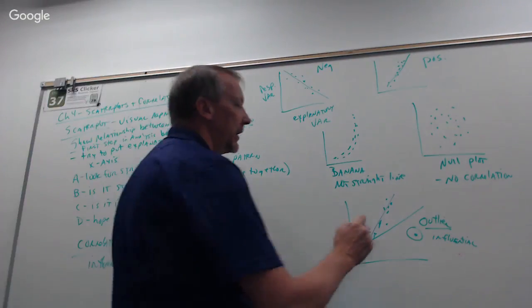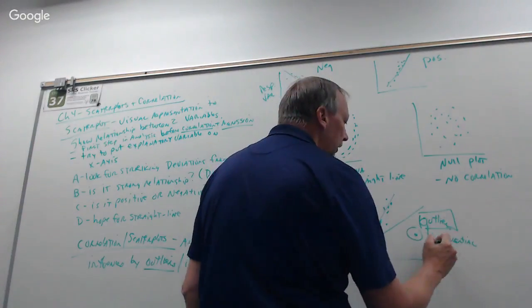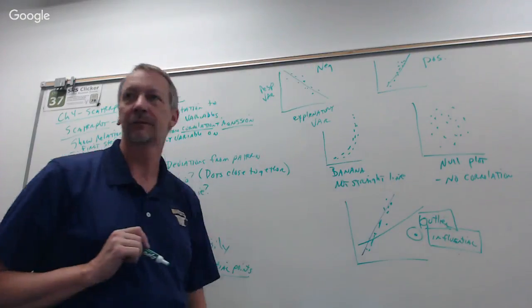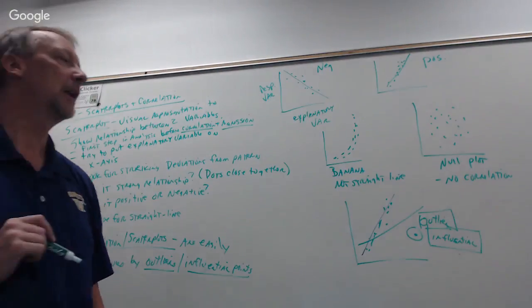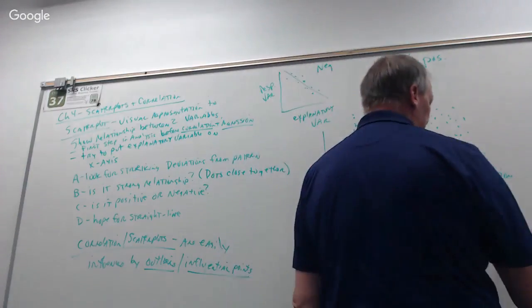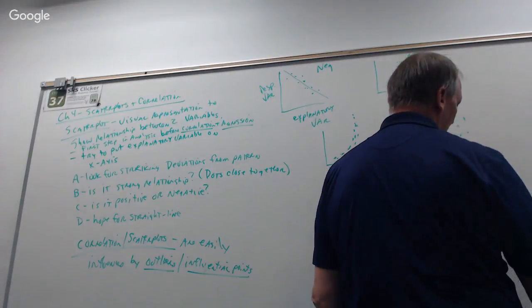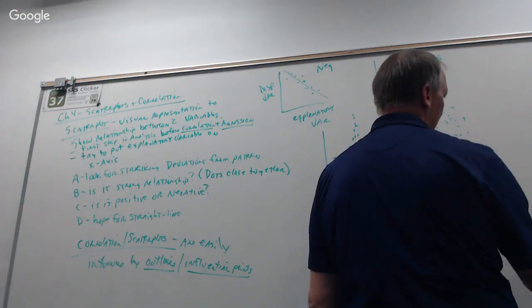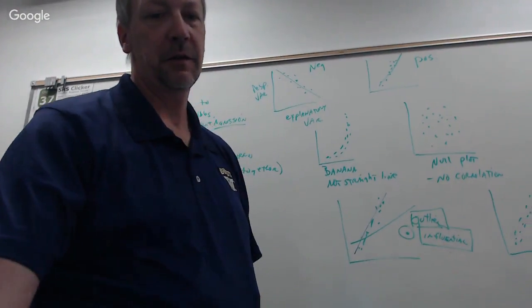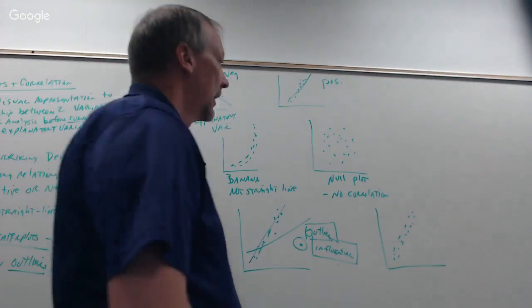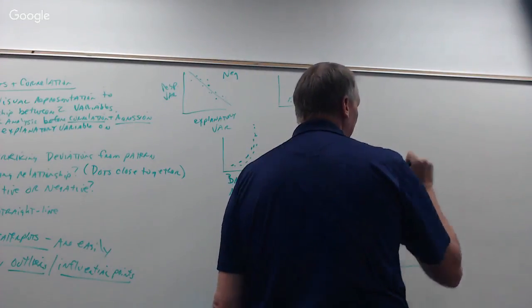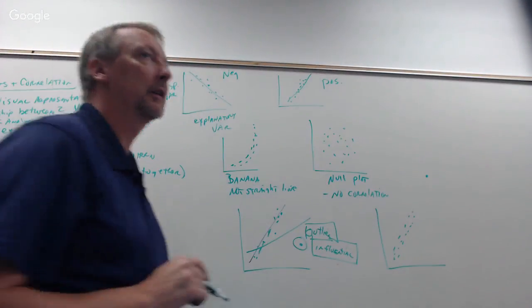So this would be an example of an outlier that is also an influential point. Okay? Now, here's another example. Okay? Turn my camera a little bit here. Now, this would also be an outlier.